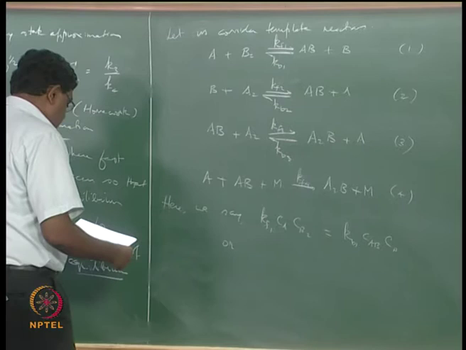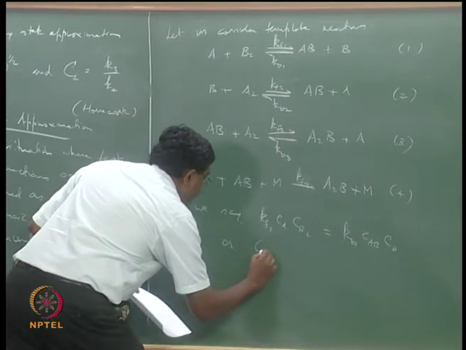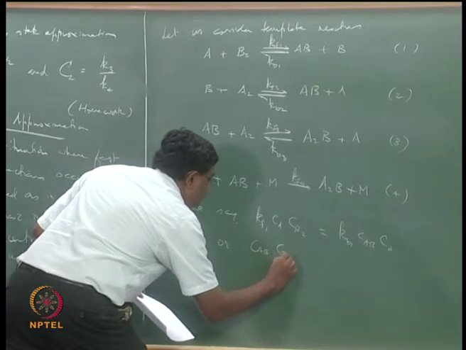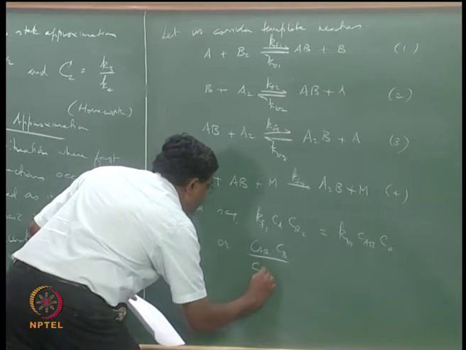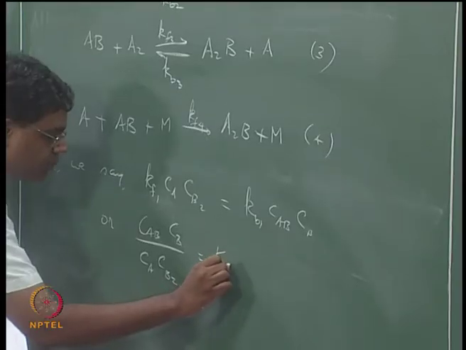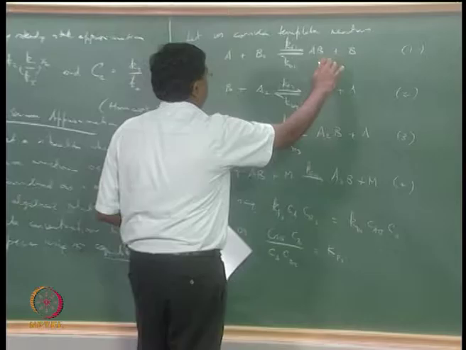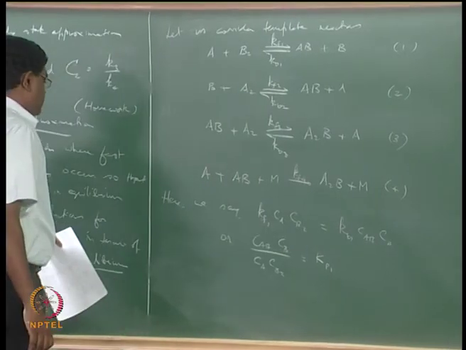This simply means that we now have CAB CB divided by CA CB2 equal to KP1. Capital K represents the equilibrium constant based on pressure, and subscript 1 denotes that this is the equilibrium constant for the first reaction.